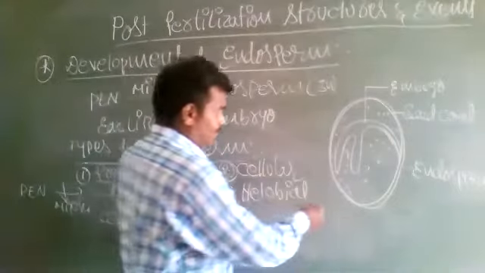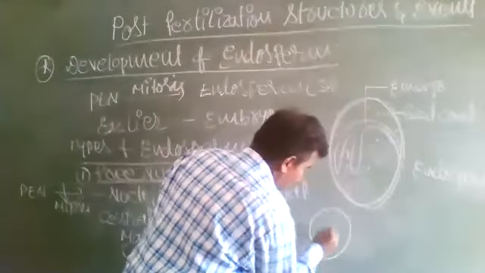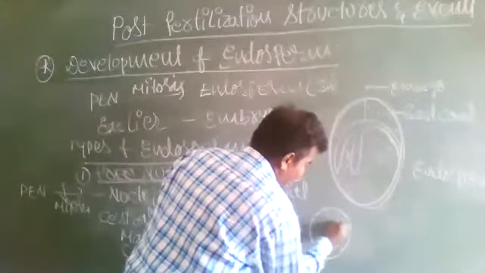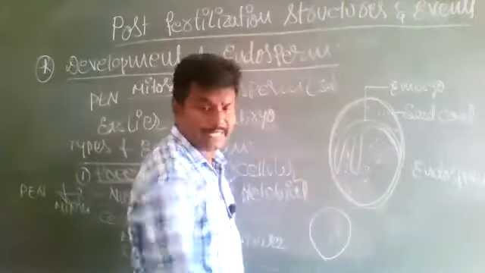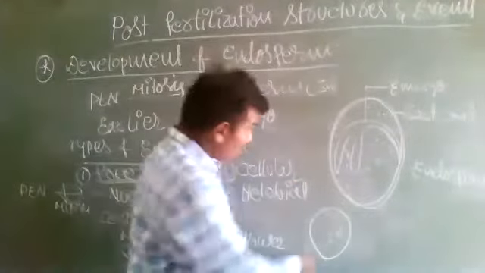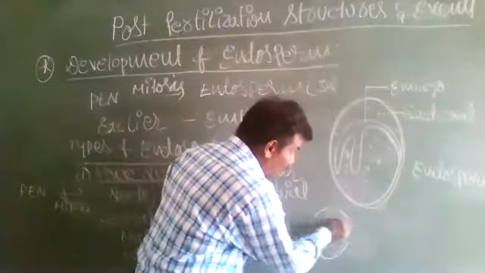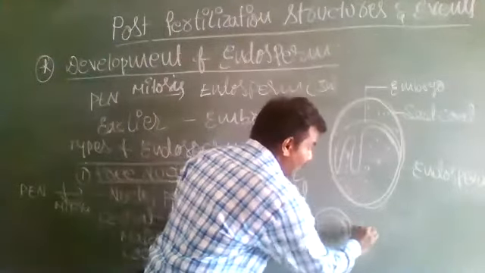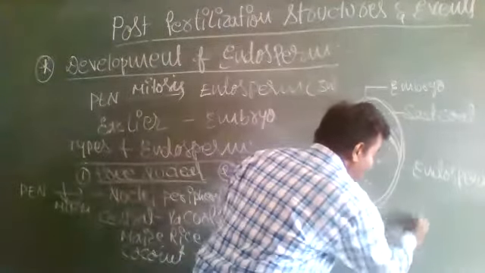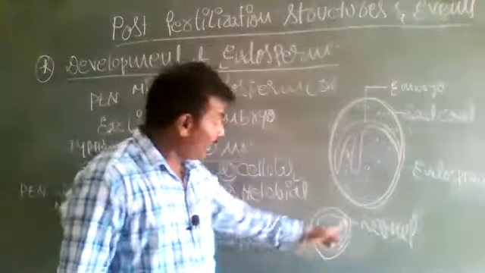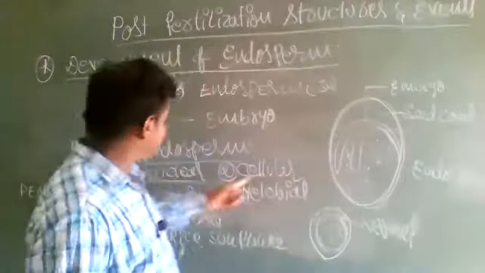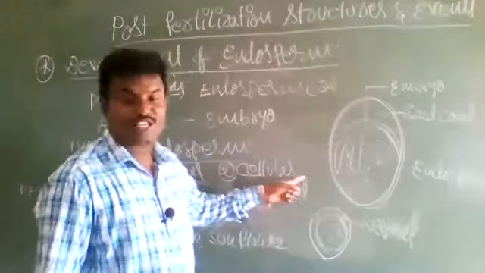So this is coconut. Here it leaves a large central vacuole. It is filled with water. So the coconut water is surrounded by a white kernel. That white kernel is the best example for cellular endosperm.